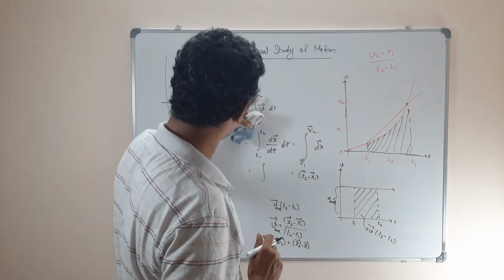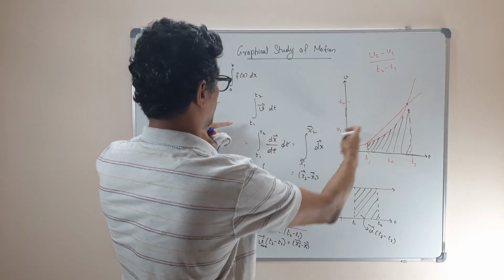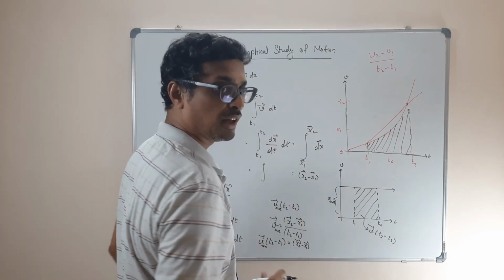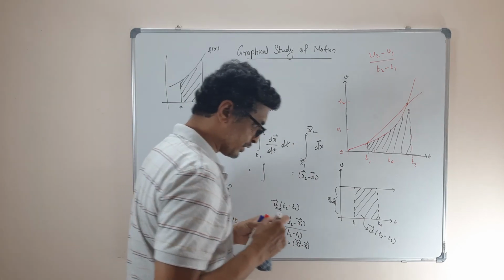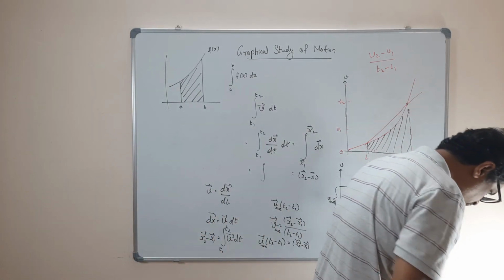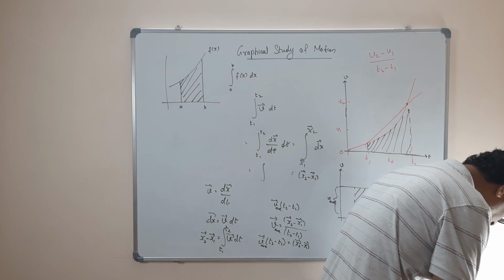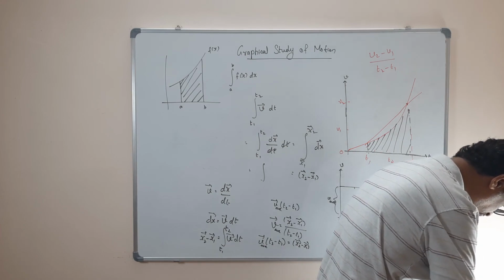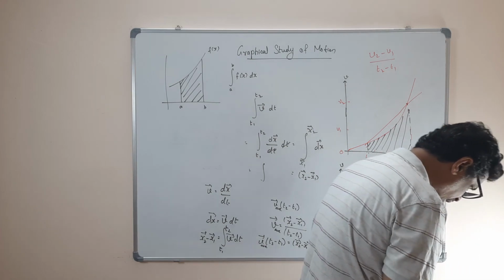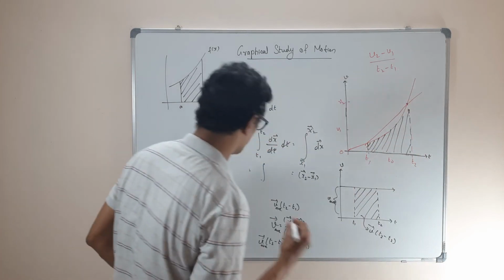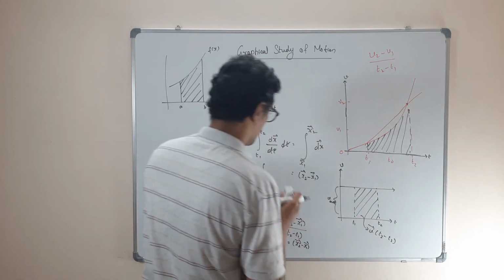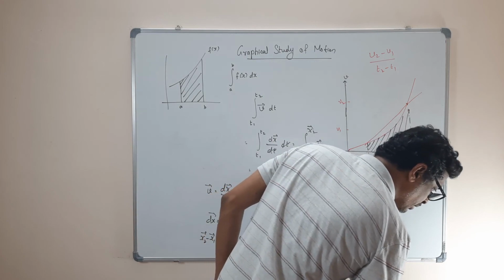So the area under the curve for non-uniform acceleration gives you the displacement. That's what they have written in your book.